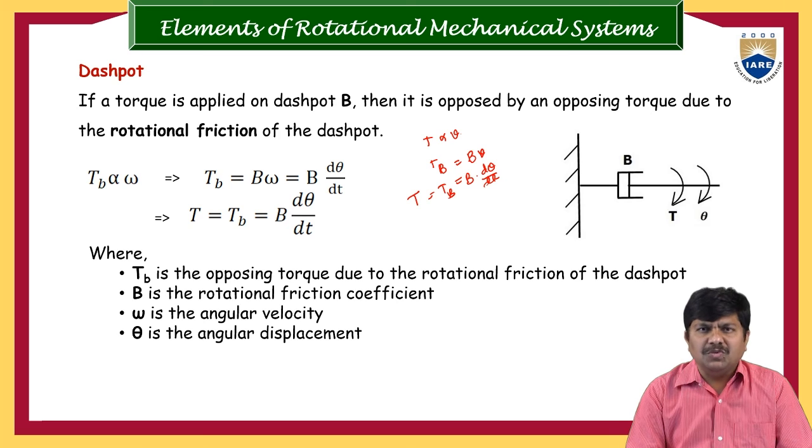So instead of the friction between any two contacting surfaces, or any friction that comes into the picture, it can be replaced with a dashpot arrangement. B is the friction coefficient. In some cases it is also represented as capital D, but in this analysis I am using capital B as the coefficient of friction.